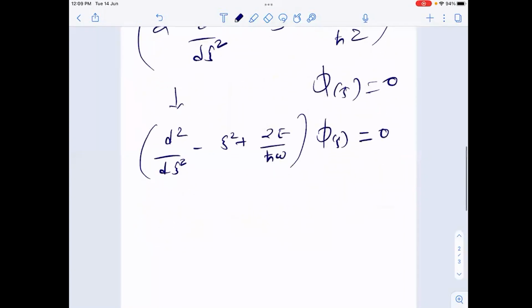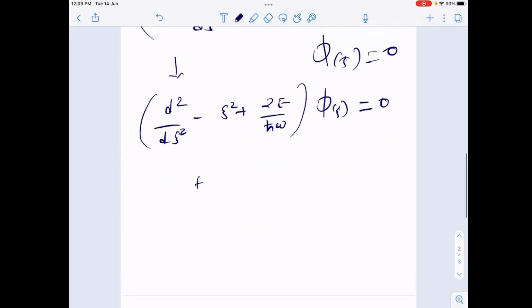Now, again, you must have studied Hermite's polynomial, right? So what is the structure of Hermite's polynomial? Let's say Hn is some Hermite polynomial function. So it is like d squared Hn by dx squared minus 2x dHn by dx plus 2n Hn(x) is equal to 0.